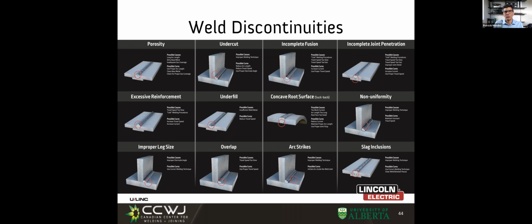I have a question about how we can obtain travel speed if it is not given in the WPS? This is an excellent question. The WPS in general should specify the travel speed, but the welders don't have a speed meter for that.